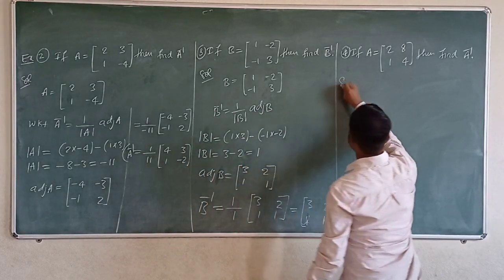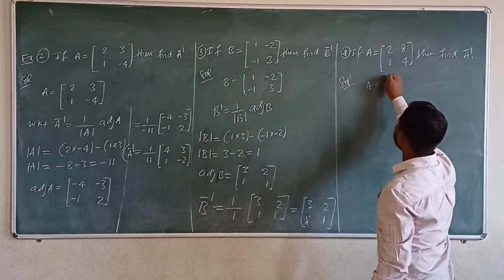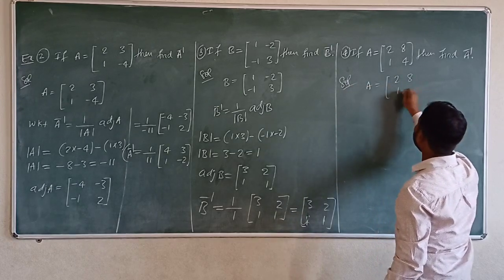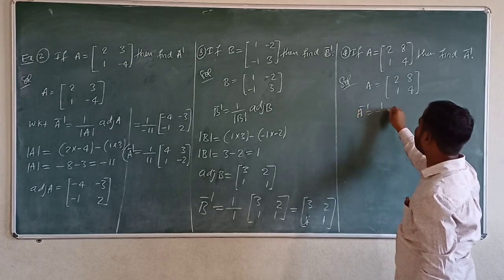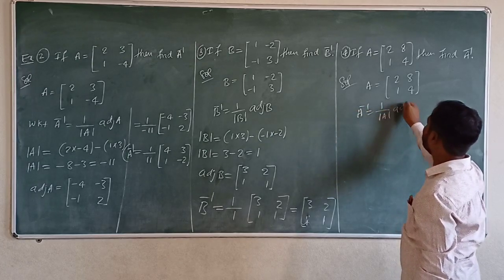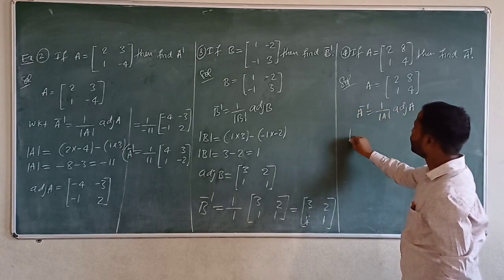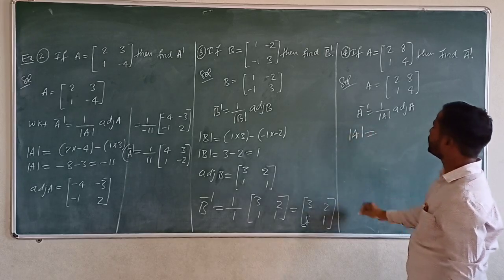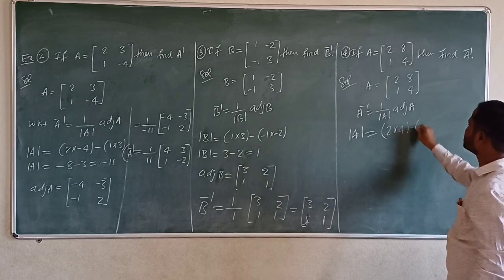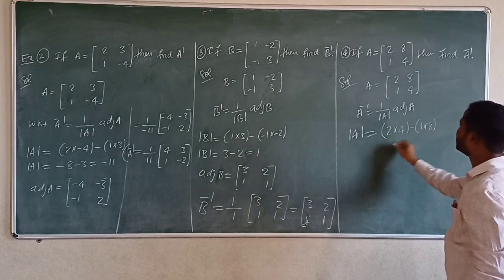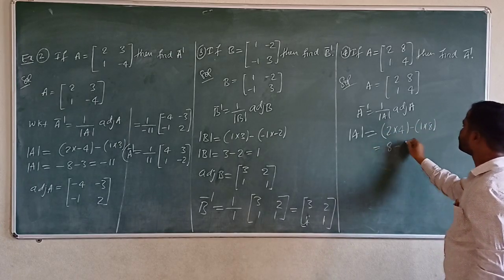Then the last one: matrix A is equal to 2 8 1 4. We know the A inverse formula: 1 divided by determinant of A into adjoint of A. Take the determinant of A: 2 into 4 minus 1 into 8. Two 4s are 8, minus 1 8s are 8.